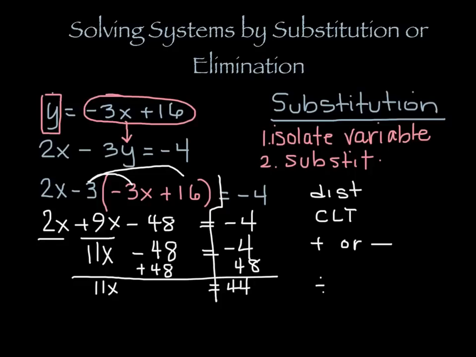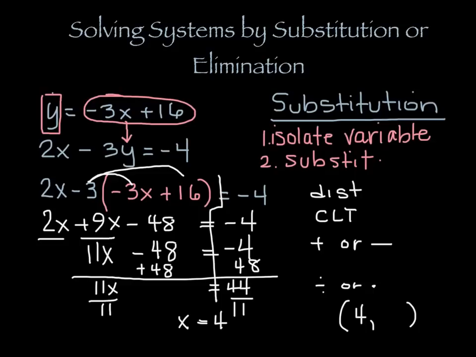Now I'm going to do my dividing or multiplying by the reciprocal. I'm going to divide by 11, and I get x equals 4. Yay! And everyone screams, I'm done! And we know that we're not done because solving a system means that we're finding an ordered pair. So I only found the x. Where's the y?